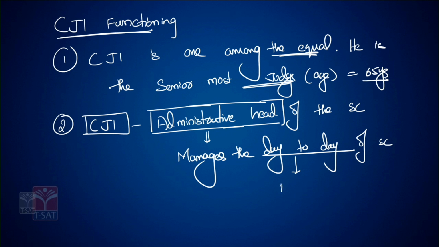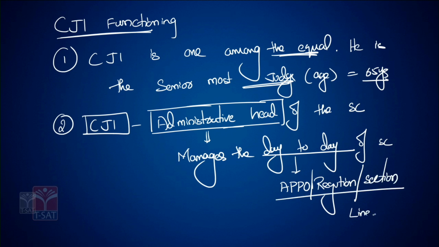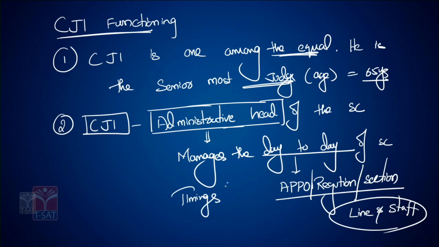It means certain appointments, regulation, control. He also takes care of the section officers, line and staff functions. He also fixes the timings of the court and the holidays to be taken by the court.